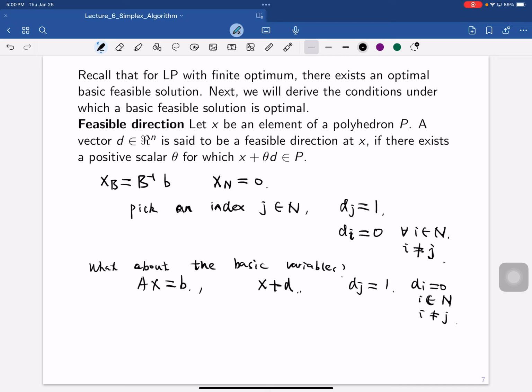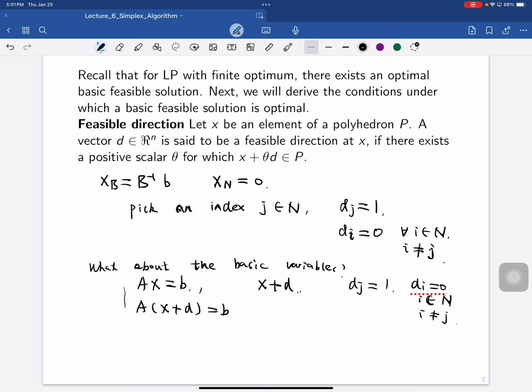Then, as you can imagine, we do not have degrees of freedom anymore, because once you specify the non-basic direction, the basic direction will be determined, right? Because we still have m linear equality constraints. So let's calculate what the basic direction would be. If we want to search and remain feasible, we need A(x plus d) equals b, right? We still need to satisfy the linear equality constraint.